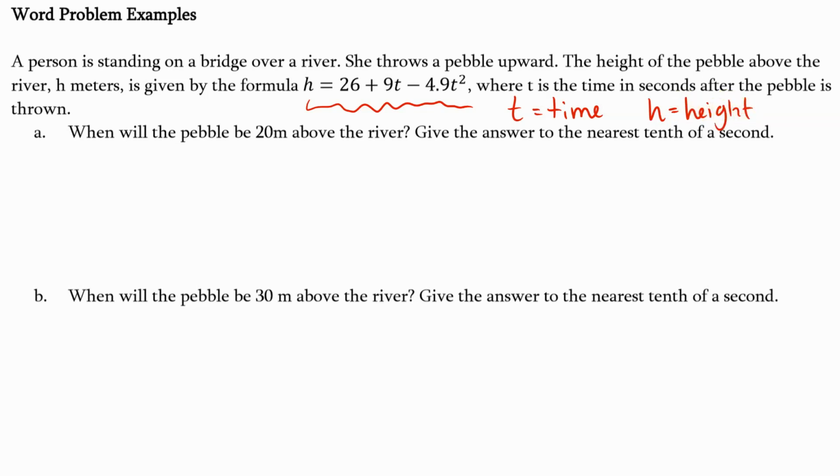When will the pebble be 20 m above the river? So we're saying when h is equal to 20 m, t is equal to what? We use our equation here, 26 plus 9t minus 4.9t squared, and we're saying h is 20.